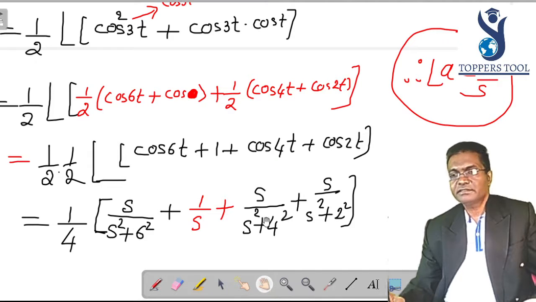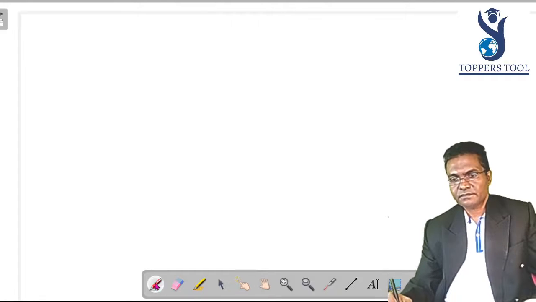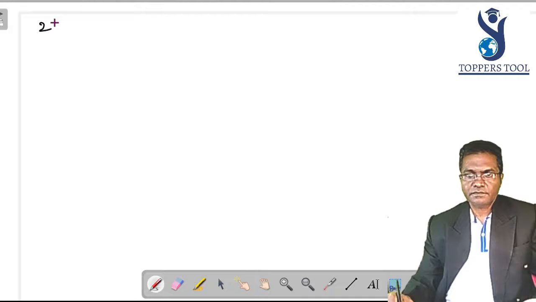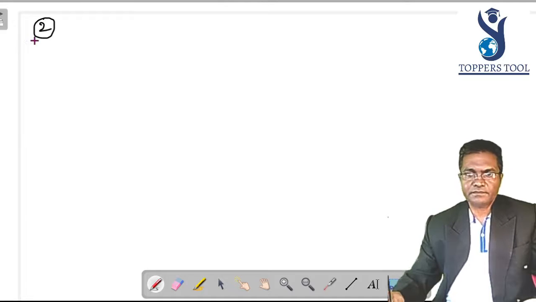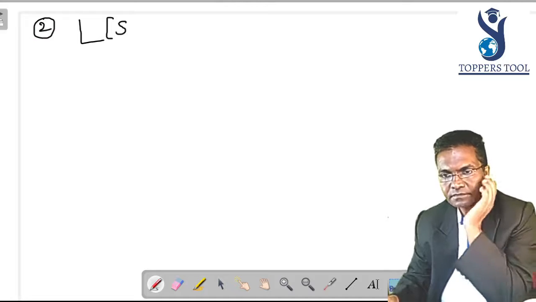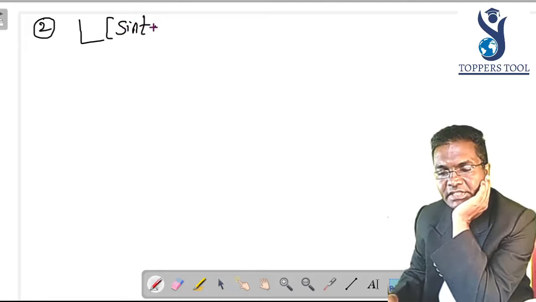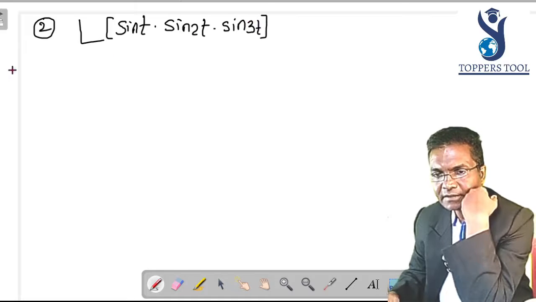Let's look at the next example in terms of sine. So you are asked Laplace transform of sine. So L of sine t into sine 2t into sine 3t.